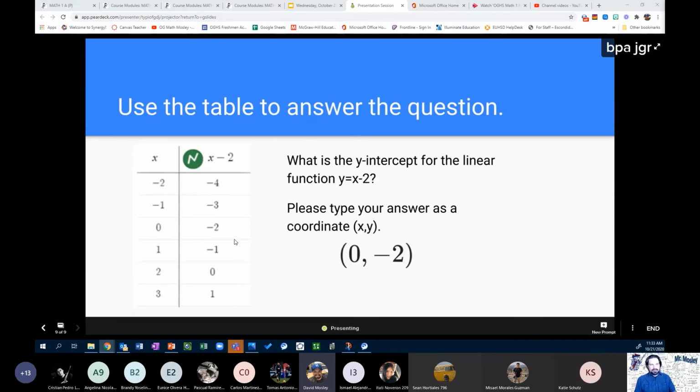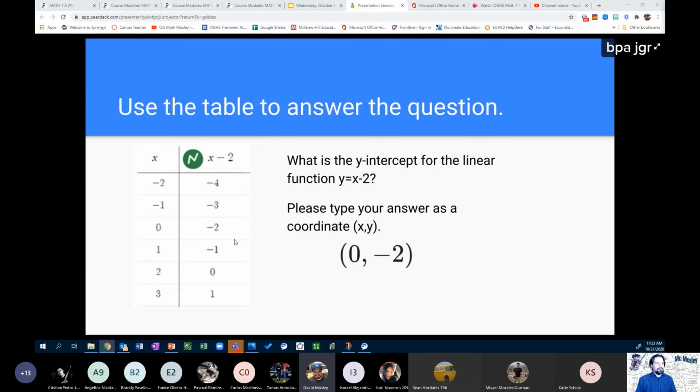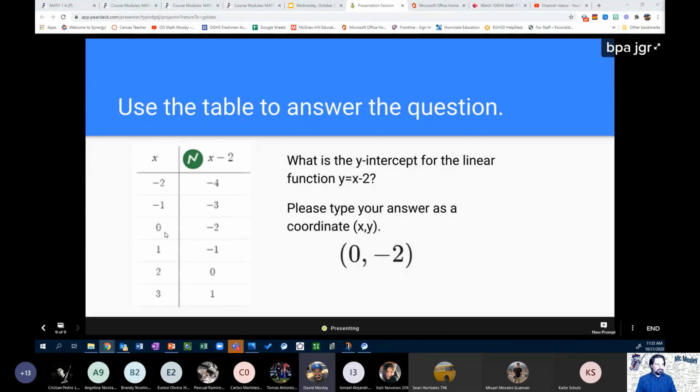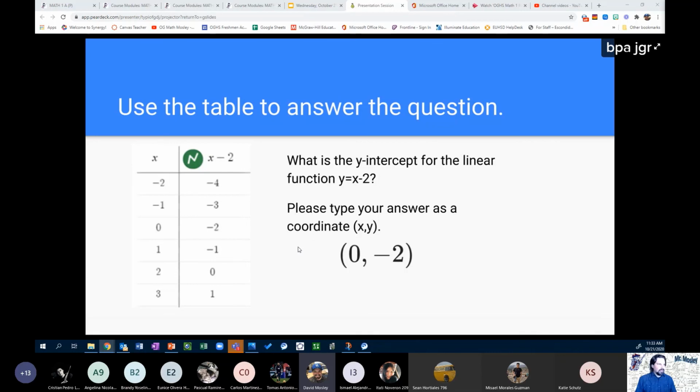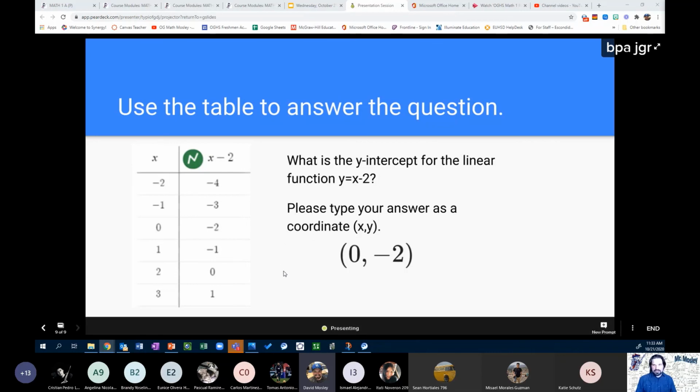The y-intercept is always where x equals 0. The y-intercept is not the first coordinate on the table. In this case, it's the third row. It's where x equals 0.